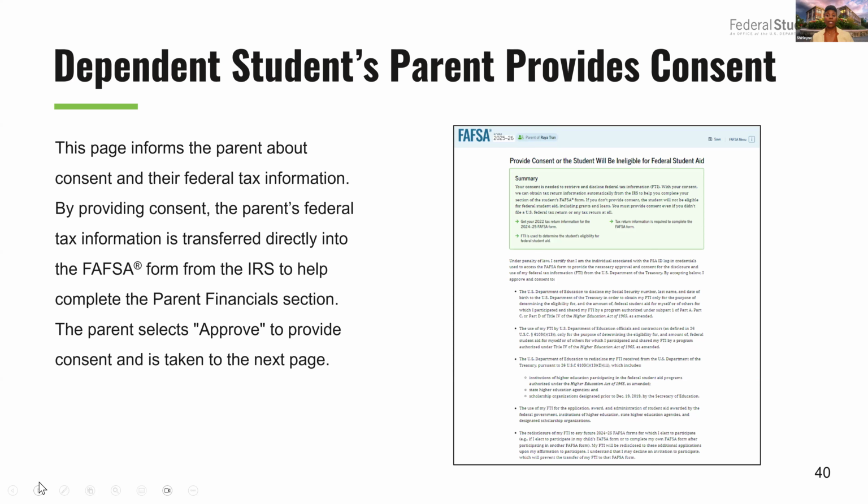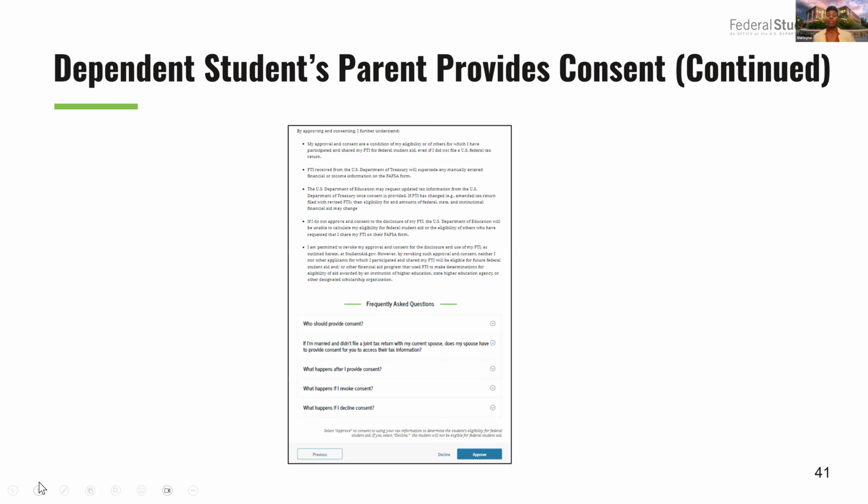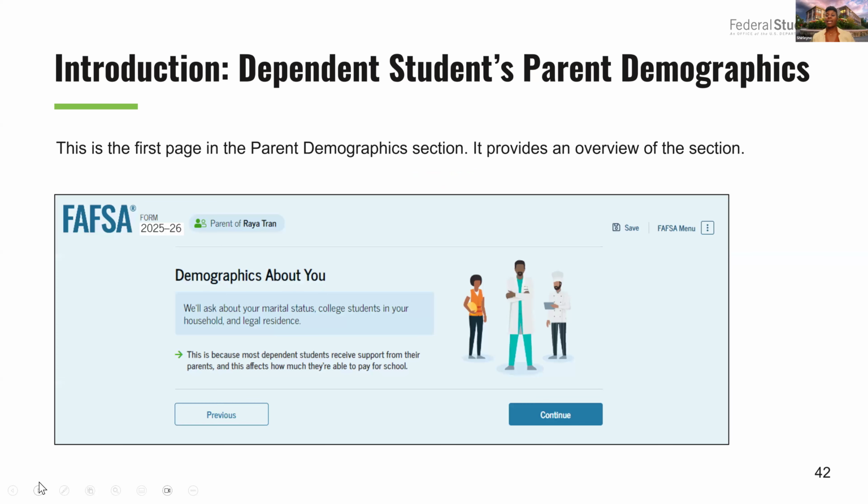So if you fail to provide consent, if you say no, doesn't matter that the student did their part, this information will be incomplete, and we will not have sufficient information to determine your student's eligibility for aid. So it will ask you, do you consent to the following? You indicate yes.